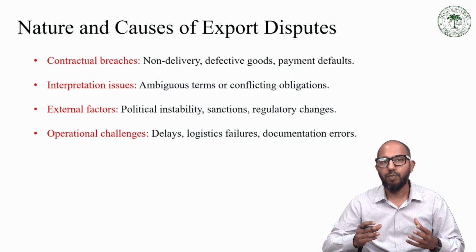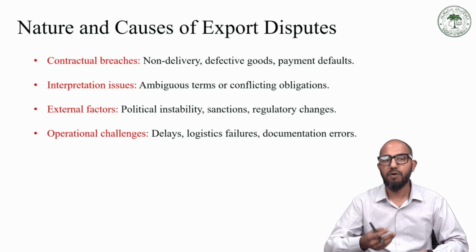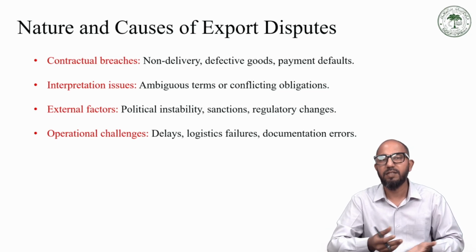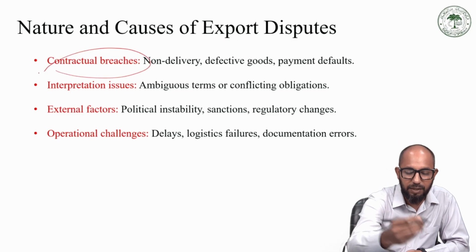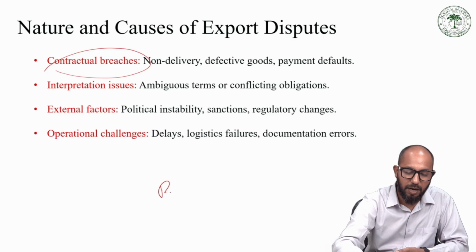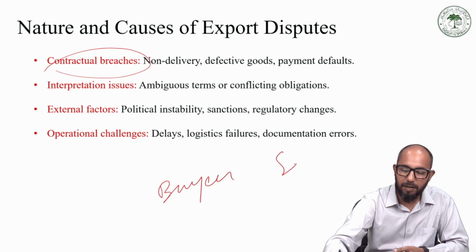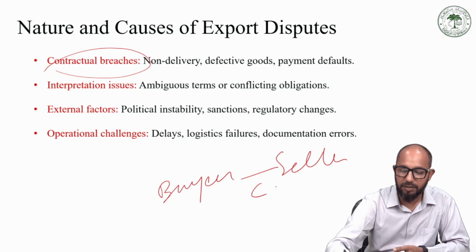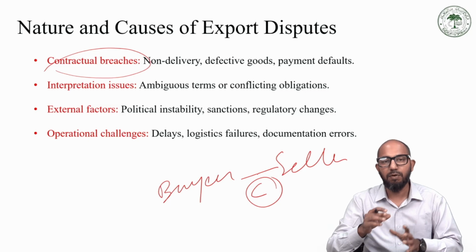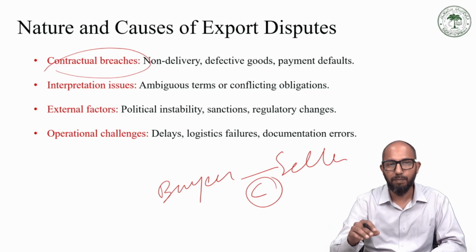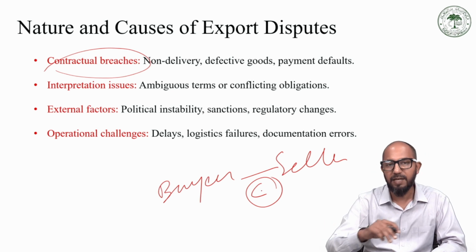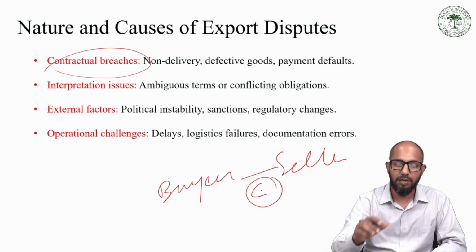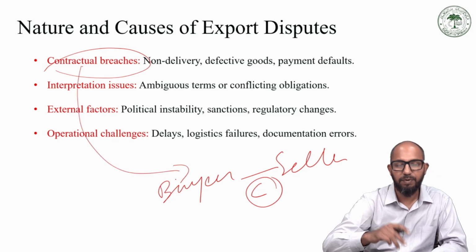Let us now try to identify some of the causes of export disputes and what their nature is. There can be contractual breaches. That is, if already a contract exists between buyer and seller, and any clause of the contract has been broken, deliberately or maybe not deliberately, by any one of them, then it will fall under the category of contractual breach.